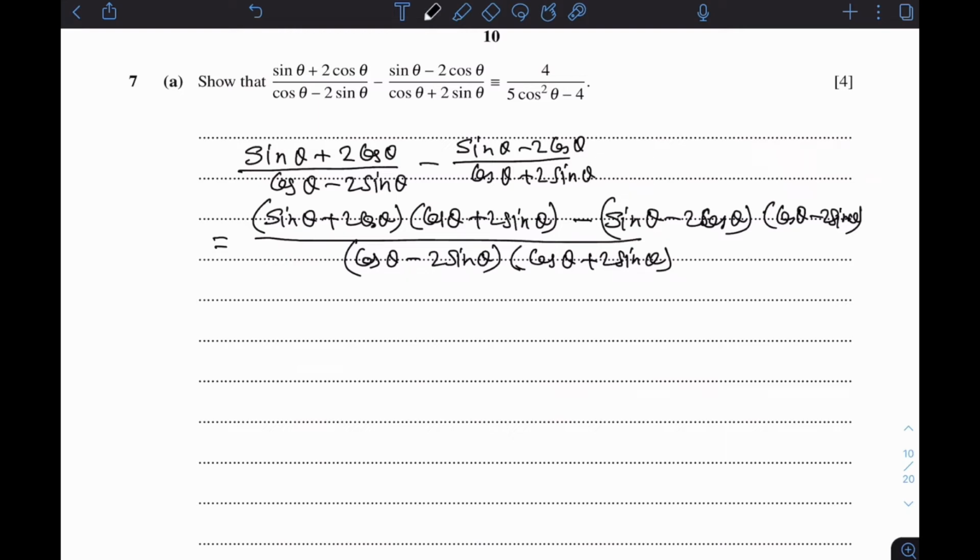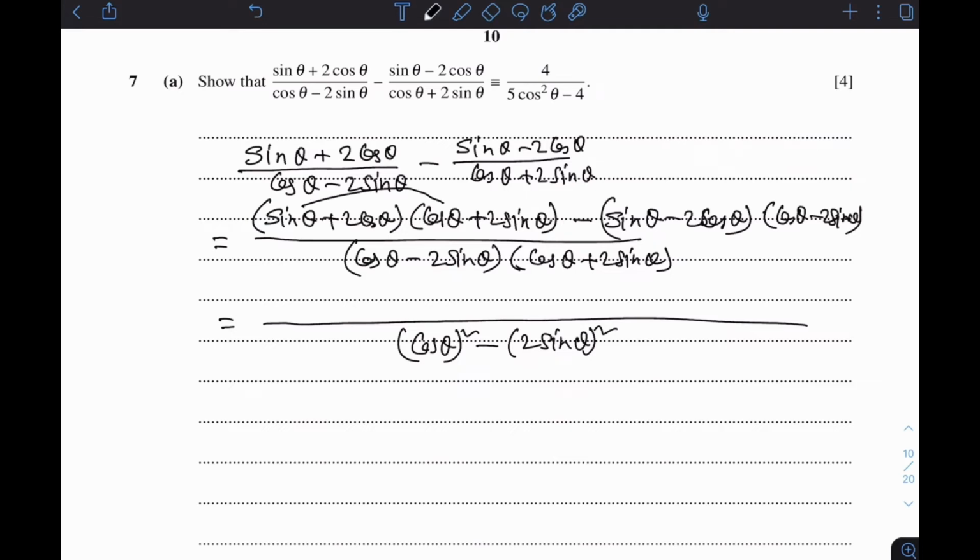Now let us simplify, do multiplication. This one we can write as (a − b)(a + b) = a² − b², minus (2 sin θ)². And then if we multiply, this with this gives sin θ cos θ, then this with that gives plus 2 sin² θ, plus 2 cos² θ, plus 4 sin θ cos θ.